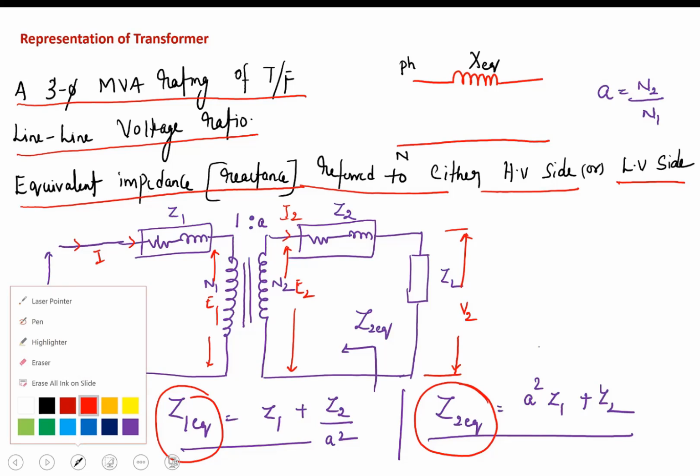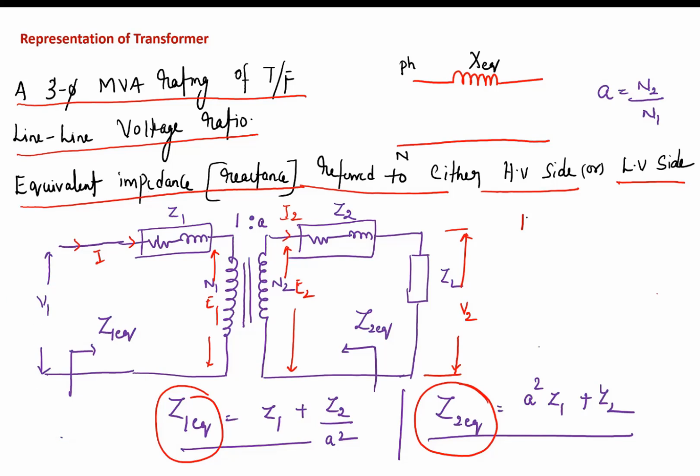So if you take a simple example, 100 MVA transformer, 33 by 11 kV, where 33 by 11 kV is the line to line RMS voltage ratio, and you can write the impedance as 2 ohm per phase referred to HV side. Like this the data will be mentioned.